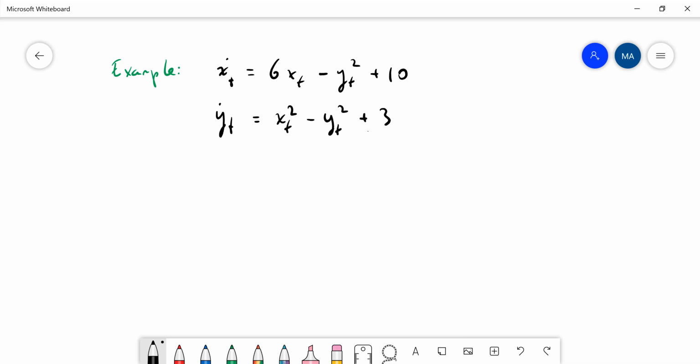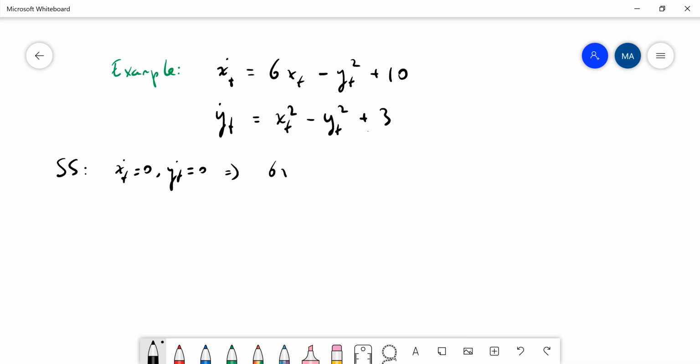If I'm not mistaken, there is a steady state, and we can now just do it. By definition, the steady state requires this, right?